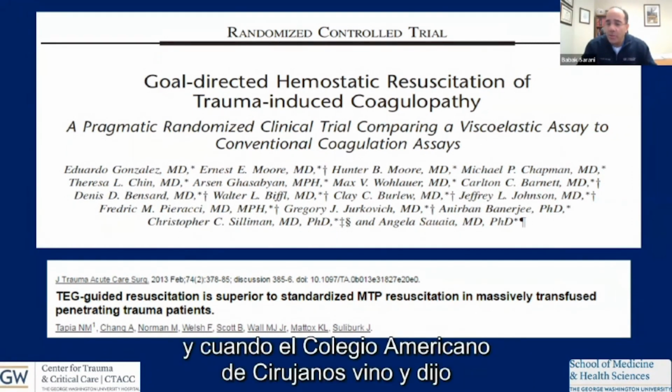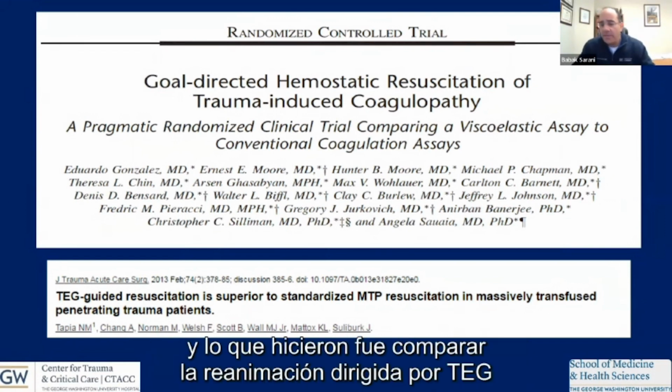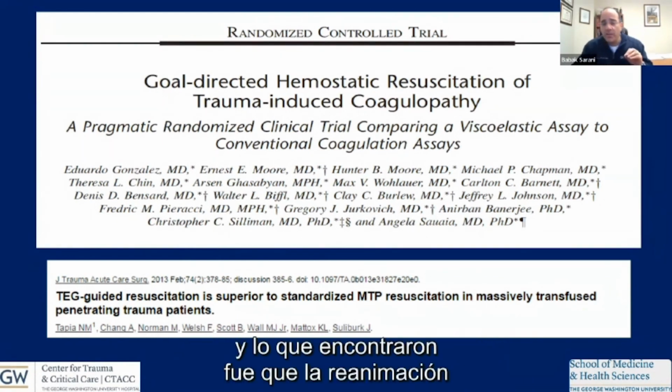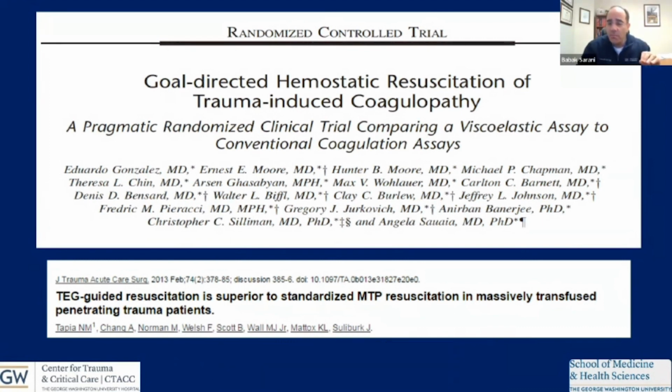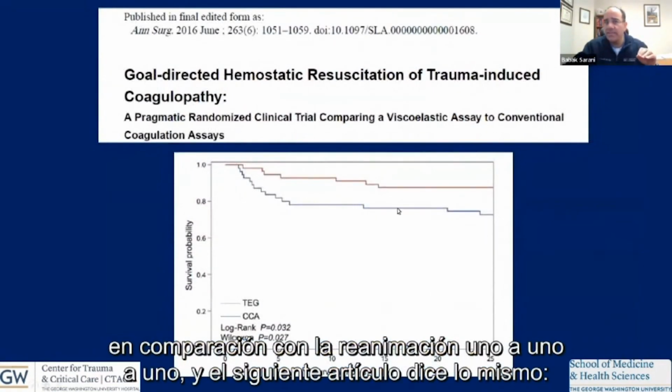And when the American College of Surgeons came by and said, well, everybody really should use a 1-to-1-to-1, that's the new standard, they did a study. And what they did is they compared TEG-directed resuscitation to just a continuous 1-to-1-to-1. And what they found was that a TEG-directed resuscitation was associated with lower overall transfusion need and lower mortality as compared to a 1-to-1-to-1. And this next article says the same thing.